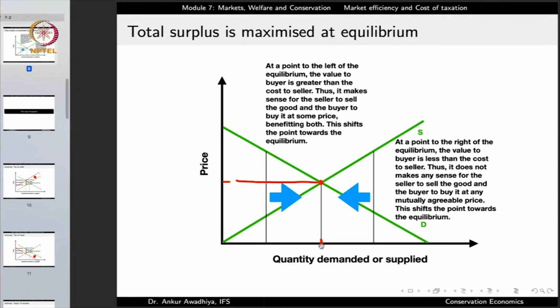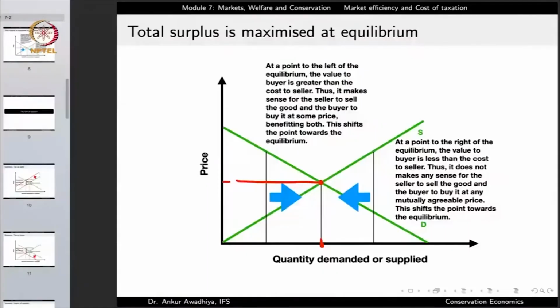Now, the question is, is this the point where the total surplus is maximized or not? So to prove that, let us look at points to the right and to the left of the equilibrium.